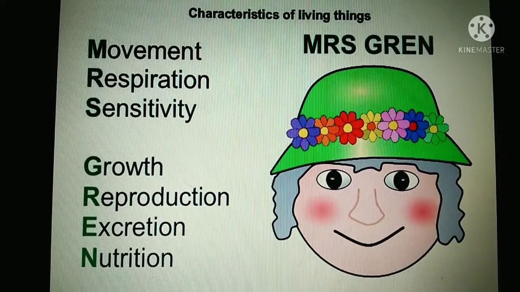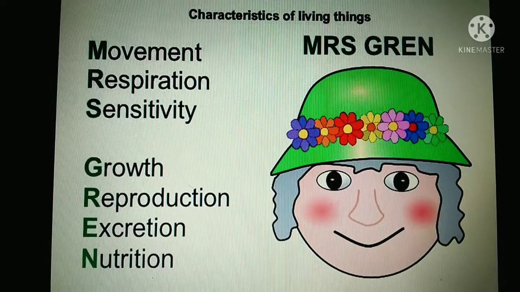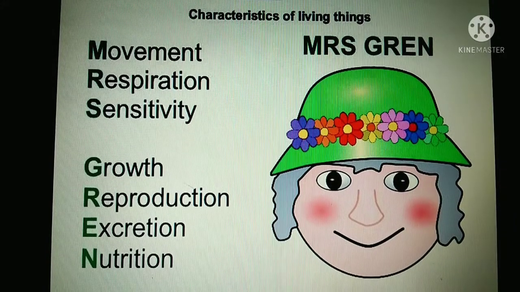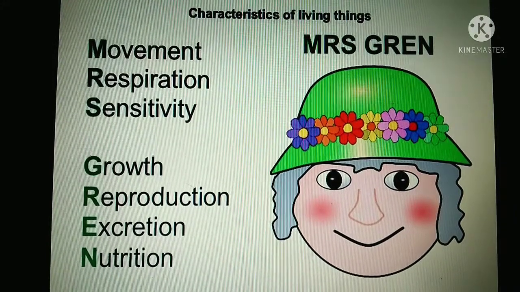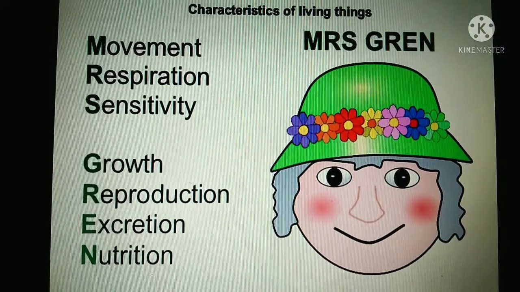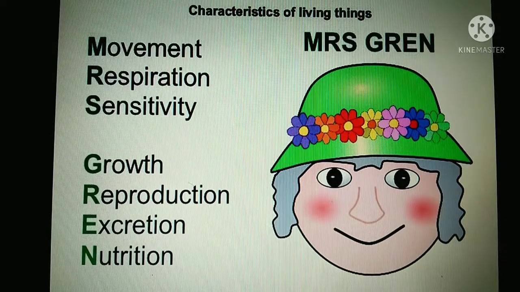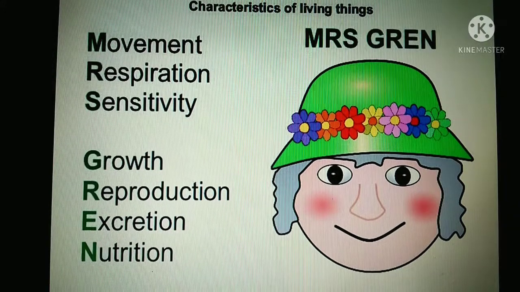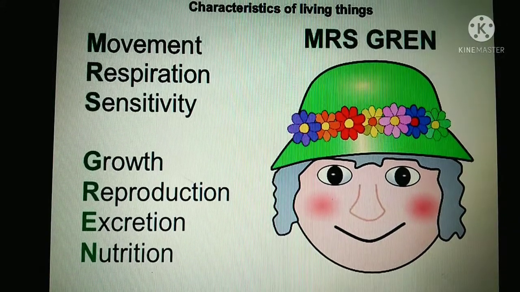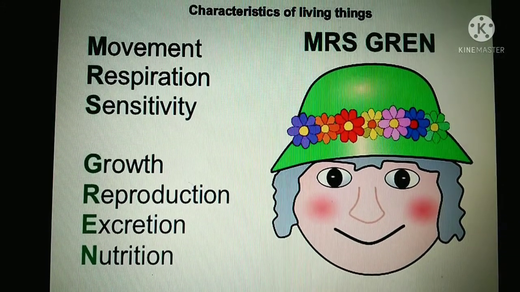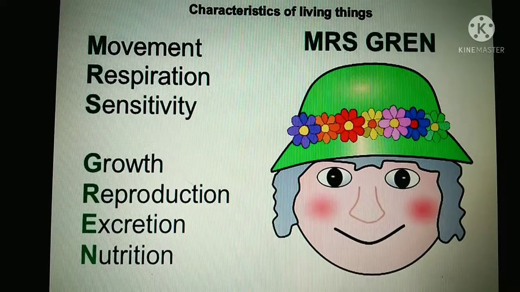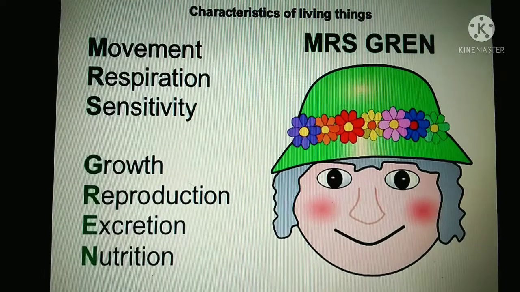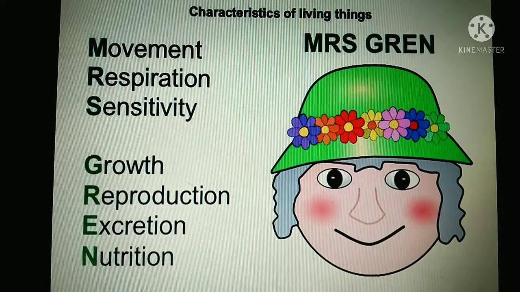If a person or a living thing is able to move, to respire, to sense the environment around it, if it can grow, can reproduce, excrete waste material from the body, or obtain nutrition through various modes, these are a few of the characteristics that make a living thing different from a non-living thing.